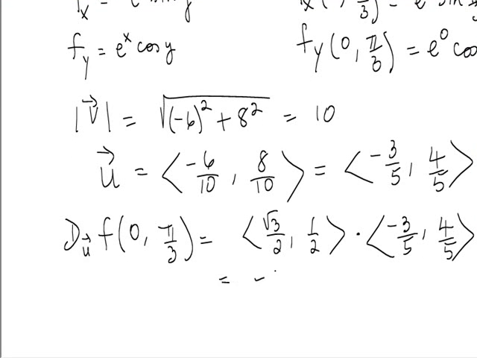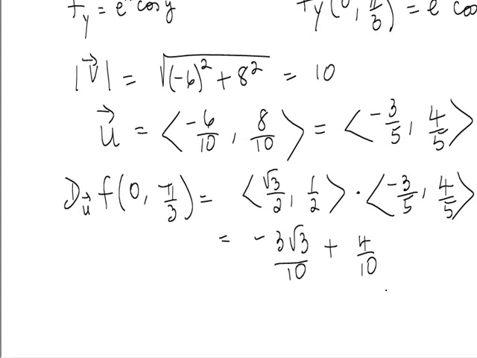So that is negative 3 square root 3 over 10 plus 4 over 10. And you're done. You can just put it as negative 3 square root 3 plus 4 all over 10.